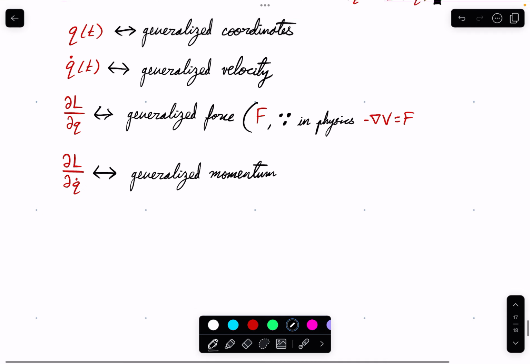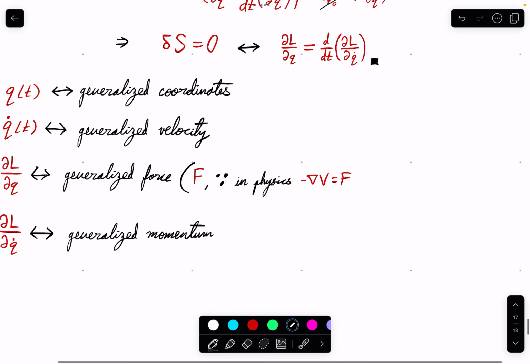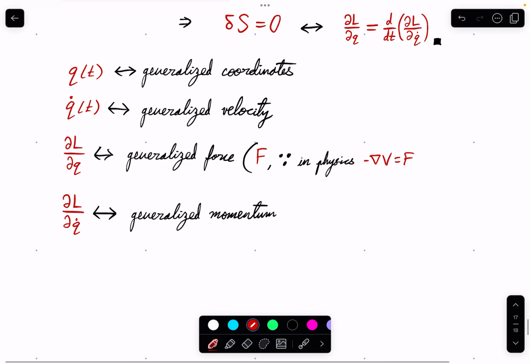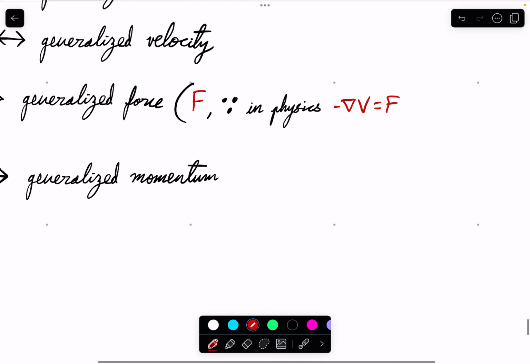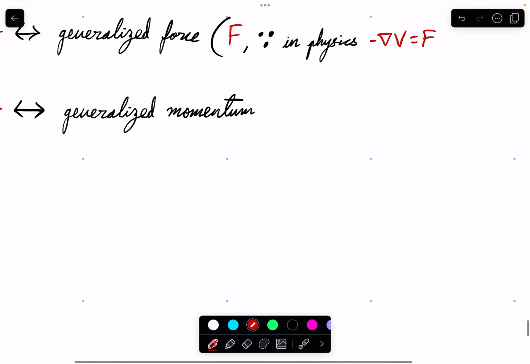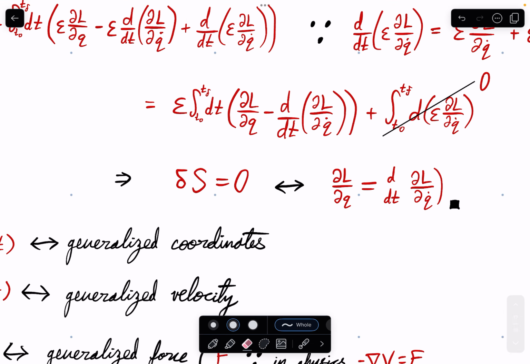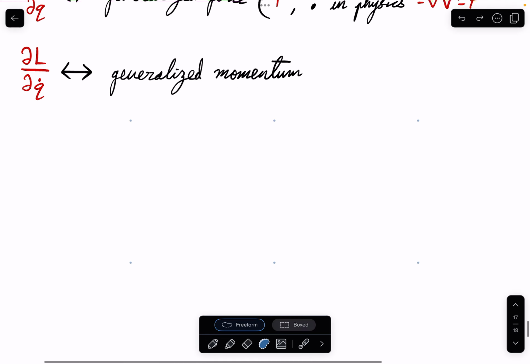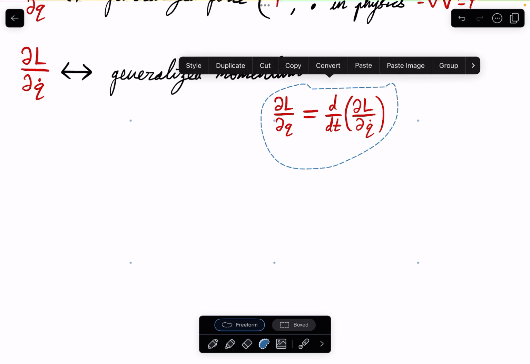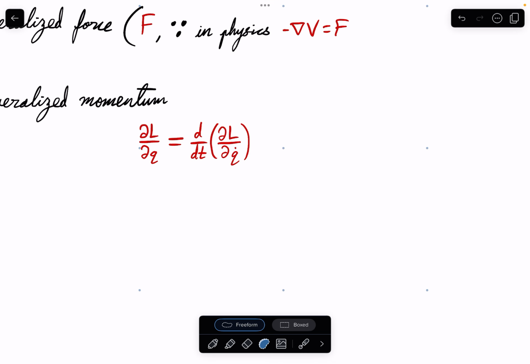So the reason why you can think of this as such is because we have ∂L/∂q. I don't want to rewrite everything, I'm just going to copy it. It feels like my iPad is just not doing everything I need it to do today. It's being weird.